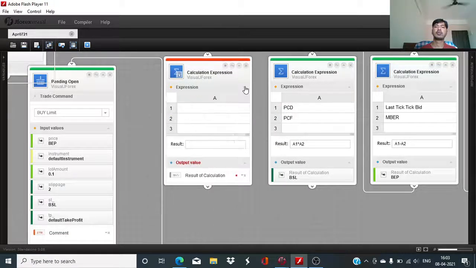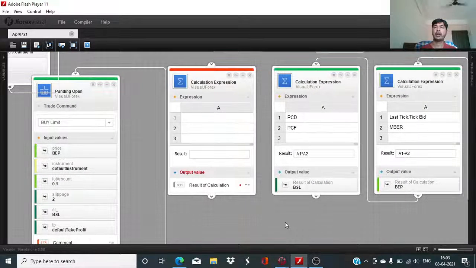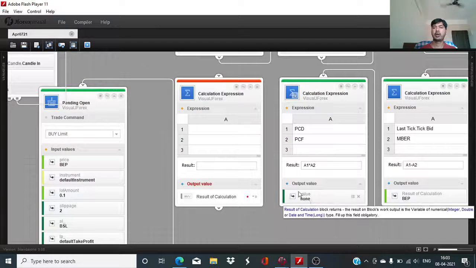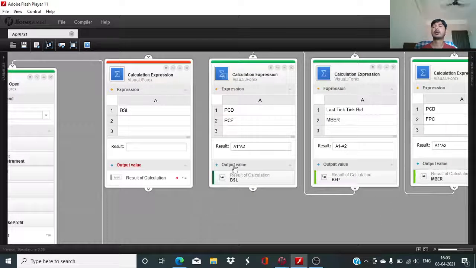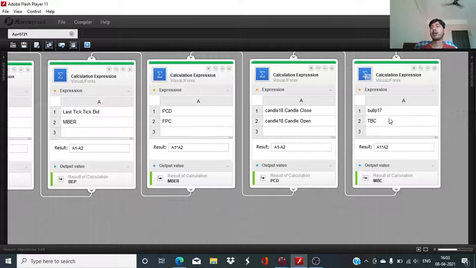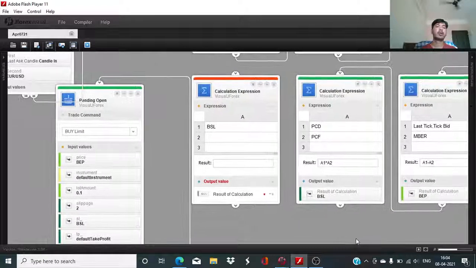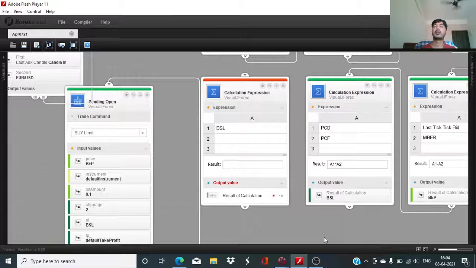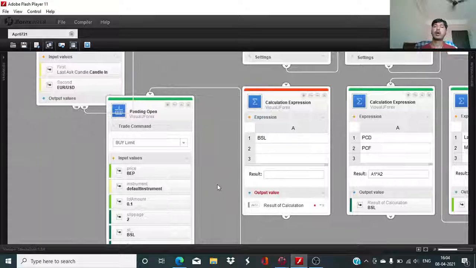Now is the time to define take profit, and take profit is simply going to be twice of the stop loss, and we have already defined one variable TBC which also has the value 2, which was used to multiply the bull power to get the twice of bull power output.